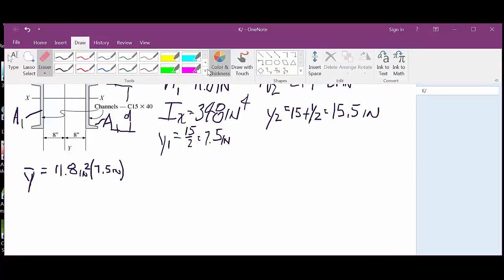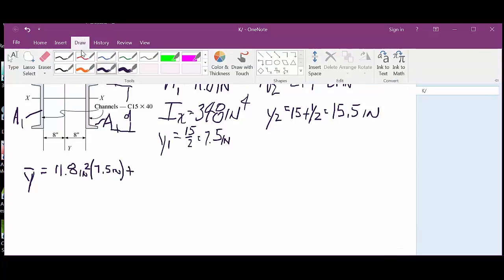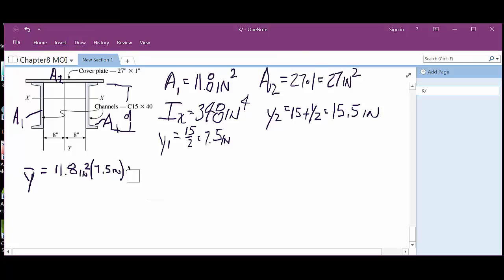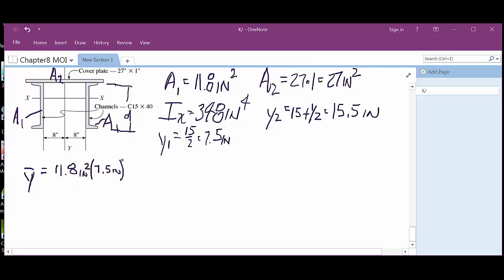Trying to do this from memory, and for an old guy, that's not necessarily good. Oh, and let's do one thing here. Can we just say all of this times 2? That takes care of both of those C channels, right?